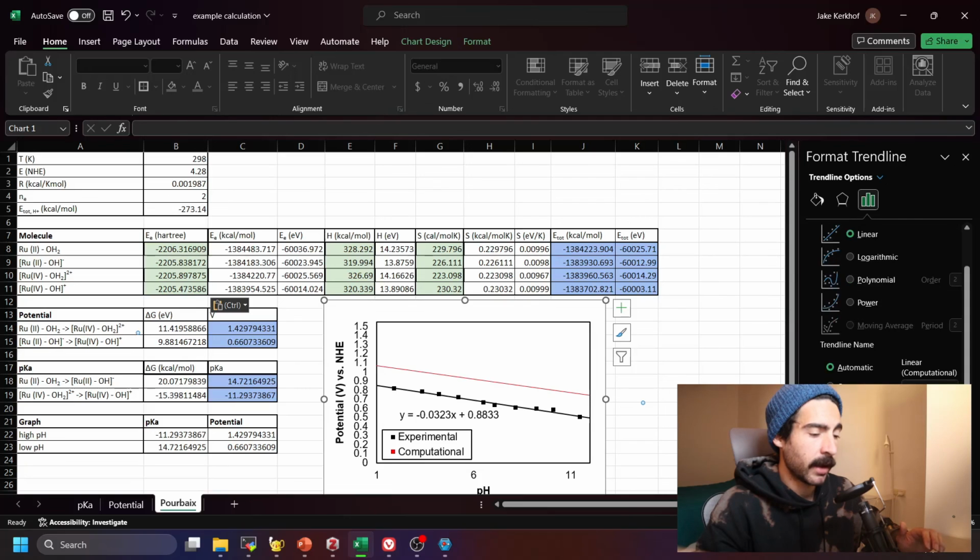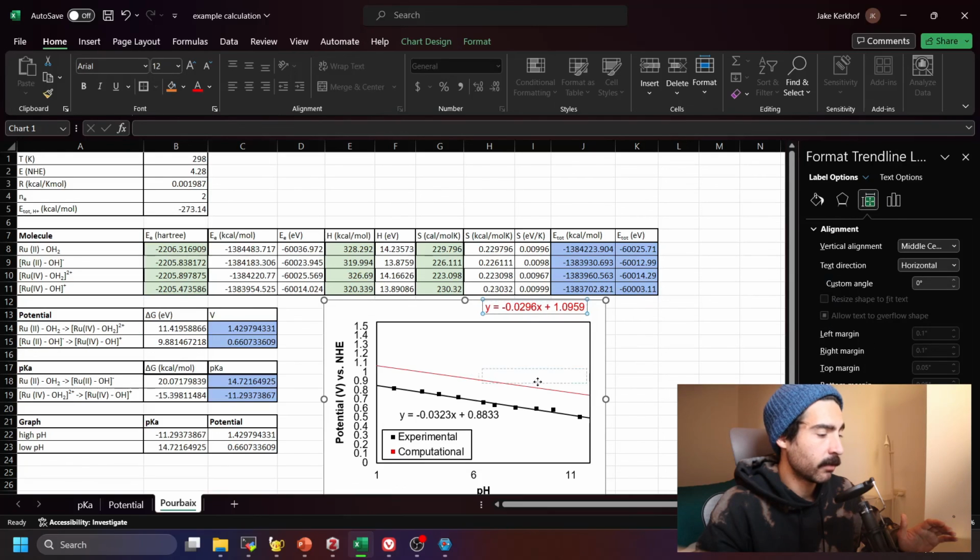And if we look at the slope of this graph, we can see that our slope is very similar to what we obtained experimentally. The potential is off by about 200 millivolts. So depending on the type of calculation you're trying to do, it may not be accurate enough.